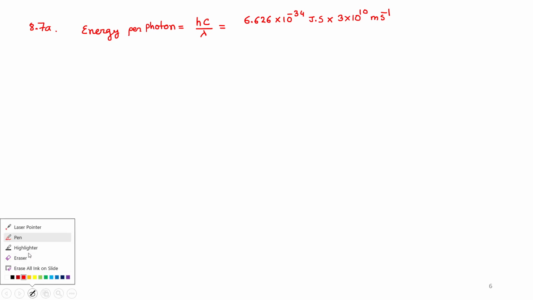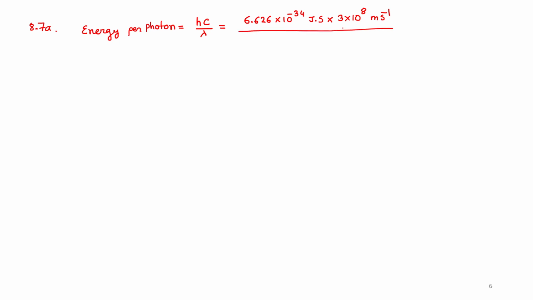But if I want to write it in terms of meter, then I have to write 10 to the power 8, and divided by lambda. Lambda is given as 550 nanometer, and if I want to convert it into meter, then I have to multiply by 10 to the power minus 9. So this is my energy per photon.